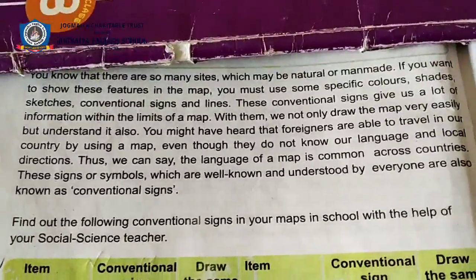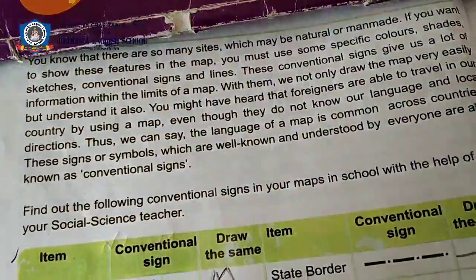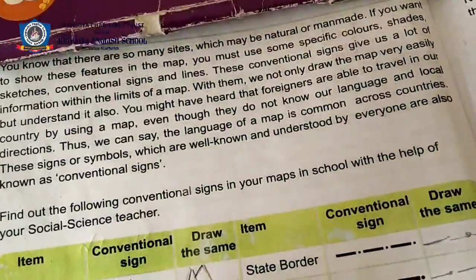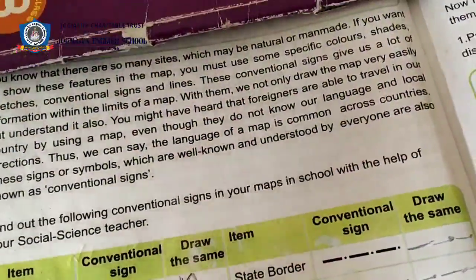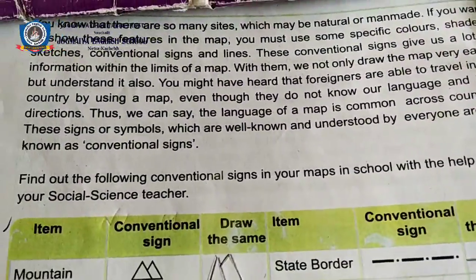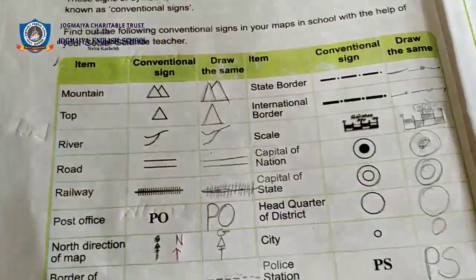So, the map is a universal language and its signs can be understood by any person, though he does not know the visiting country's language or area. Find out the following conventional signs in your map in school with the help of your social science teacher.